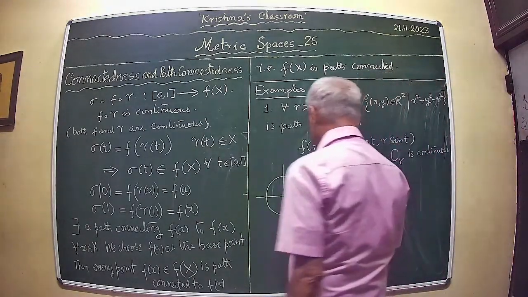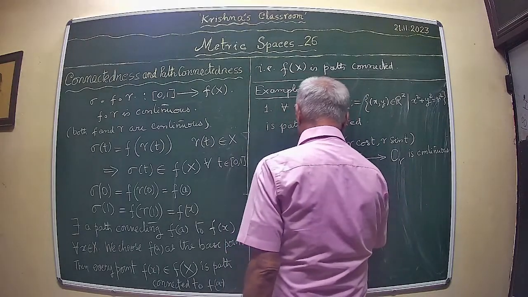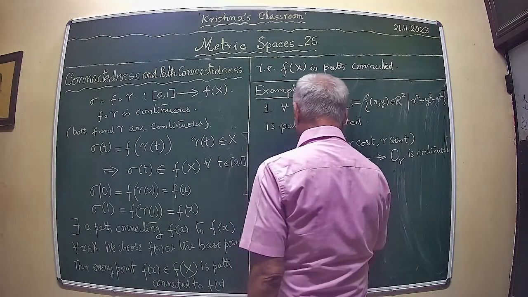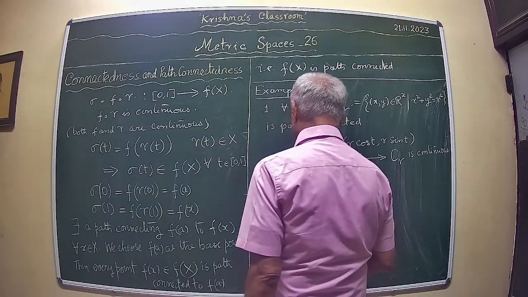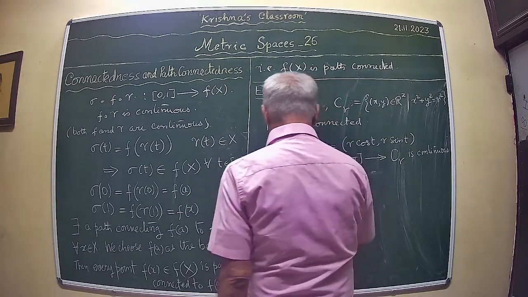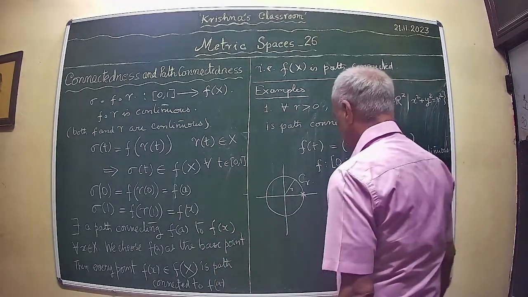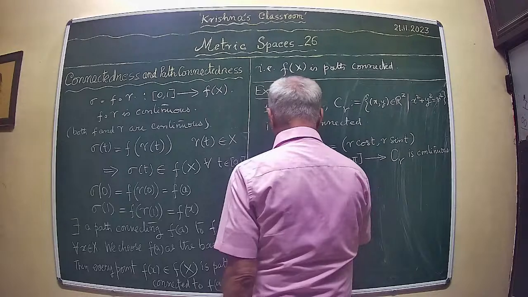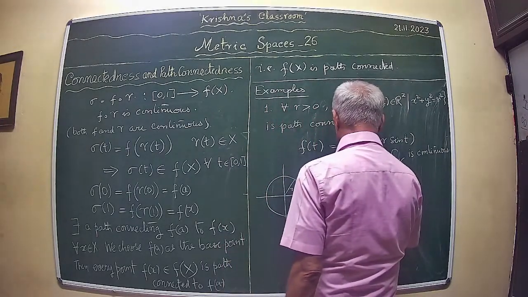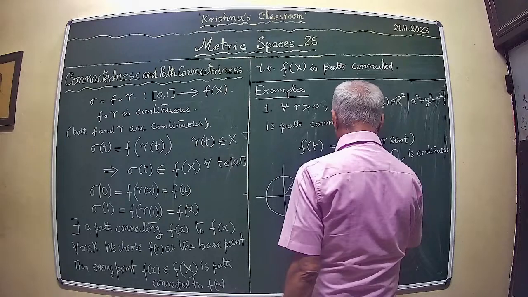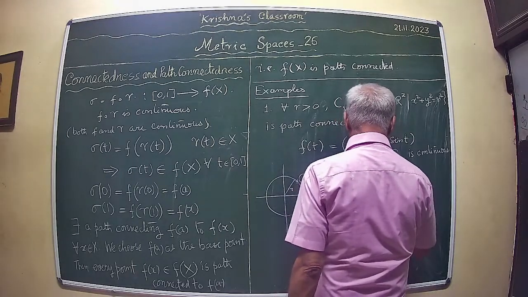For instance, if this is the point, you choose say 2 points, one over here corresponding to r, theta 1 and r, theta 2 in polar coordinates.